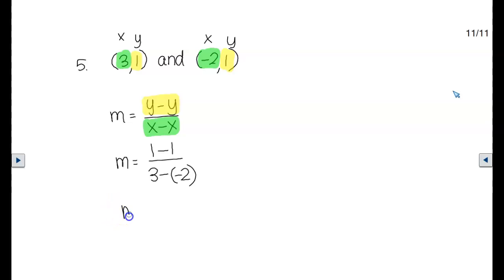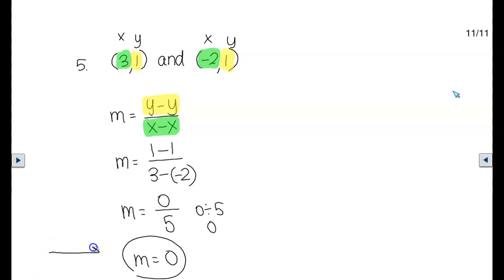All right, now when we work this out, on the top, 1 minus 1 is 0. On the bottom, 3 minus negative 2 is going to be 5. You will then type into your calculator 0 divided by 5. The answer comes out to be 0. So the slope of this line would be 0. So remember, that means that this would be one of those flat horizontal lines.